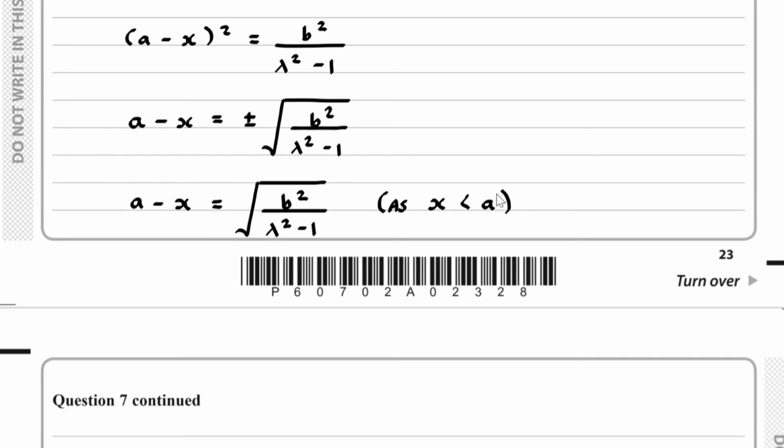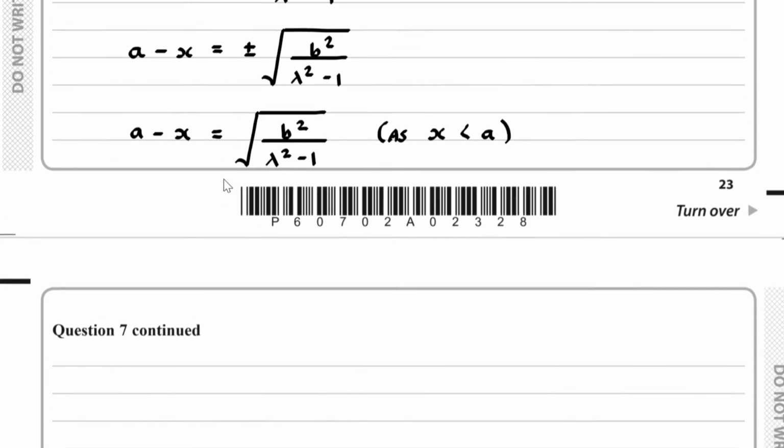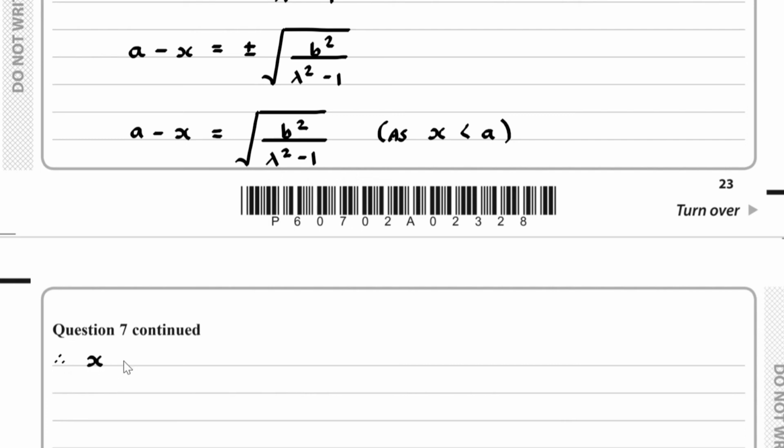And just as a side note, the reason we want x being less than a, well, if I rearrange for x, we have x equaling a subtract the square root of b squared over (lambda squared minus 1), that's the same as b over the square root of (lambda squared minus 1).